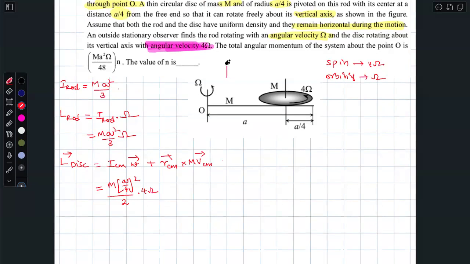Any vector in this direction I'll represent as K cap. Plus R_CM, 3A by 4, times M times V_CM, which is 3A by 4 times omega K cap.